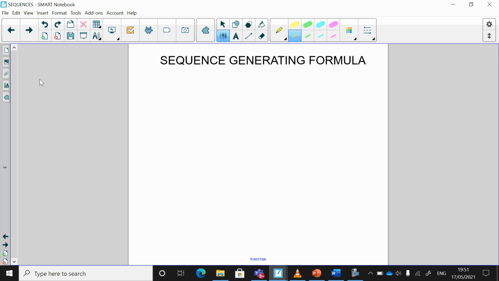Right. Okay, what's a sequence generating formula? There's various methods you can use here. This is my chosen method. So to generate any term, un, that's the nth term, let's say it's equivalent to d times n plus c. So we need to define what d and c are.